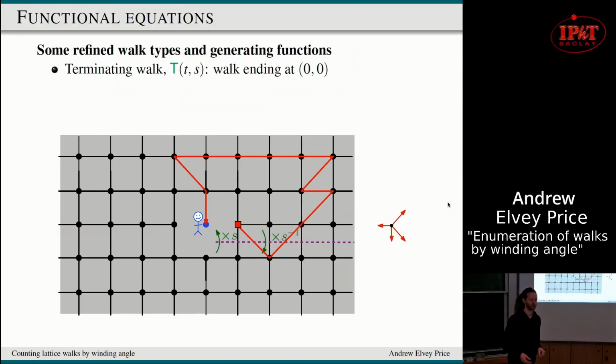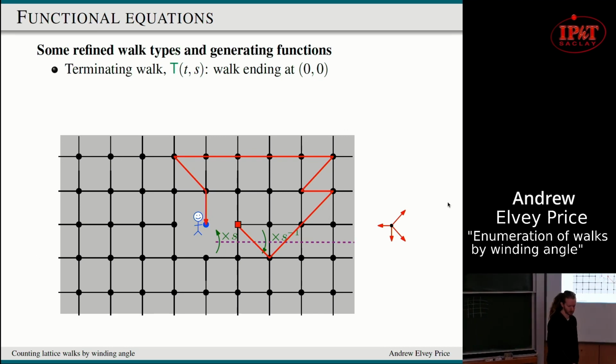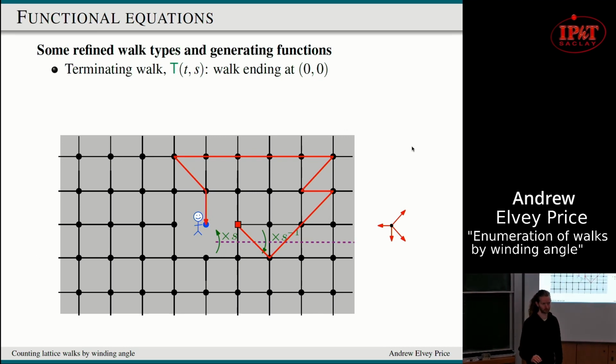Okay, so for this section we're deriving functional equations. It's a little bit more complicated than the functional equations we derived for walks not counted by winding angle. To write functional equations, we need to introduce a few other series.